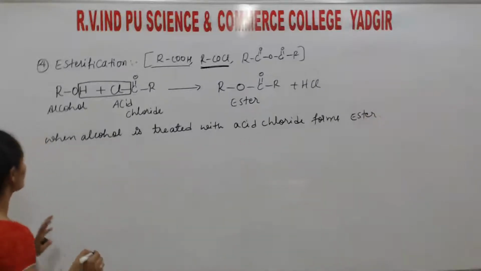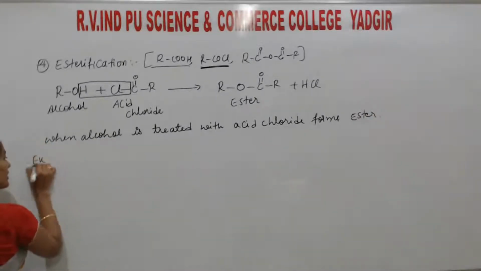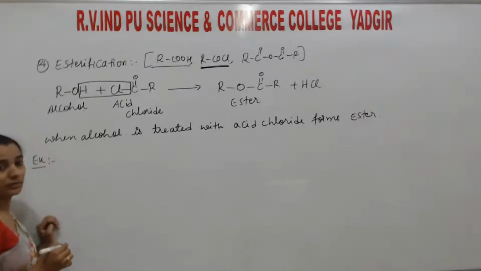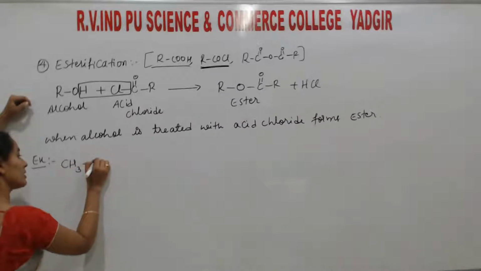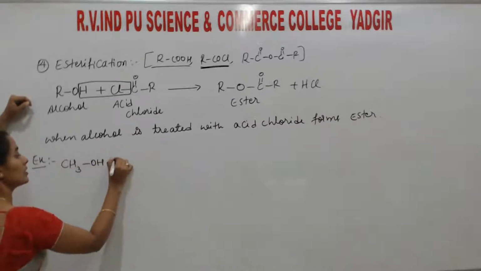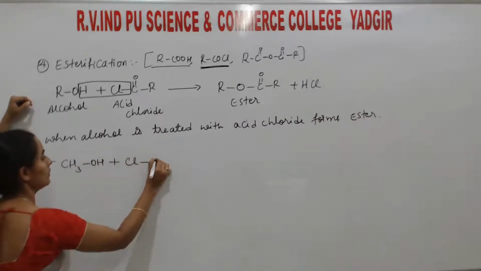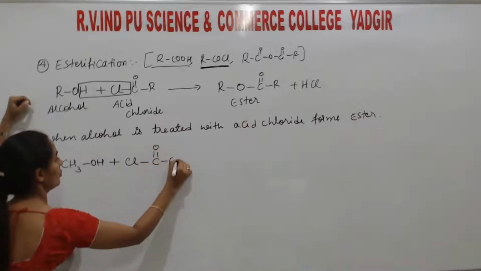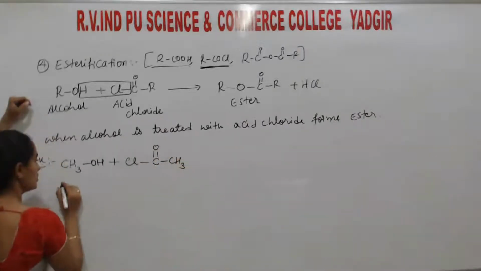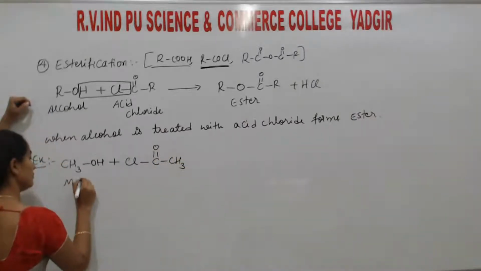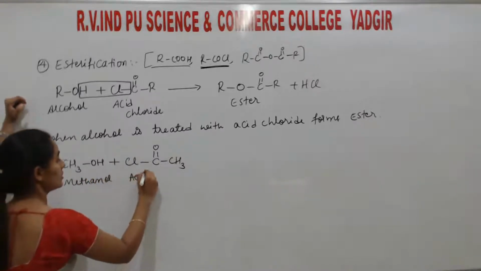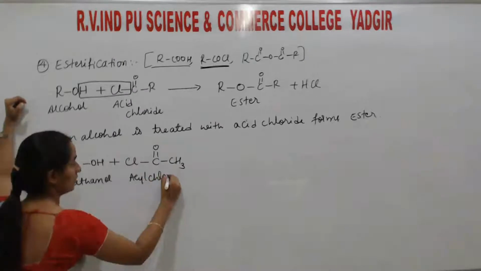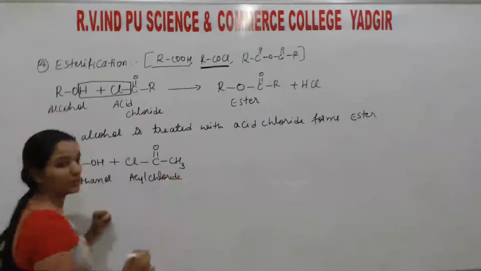Okay, this is the explanation. If you take the example here, I'll take methyl only. That is a simple example because the R group can be replaced by anything. You don't bother about that. So this is methanol. This is acyl chloride.